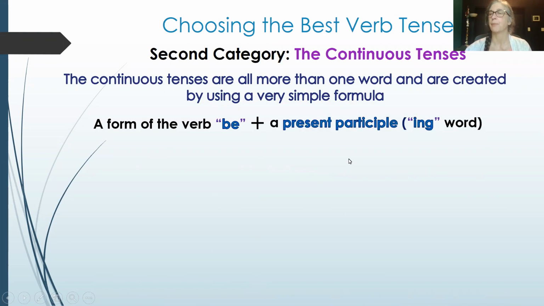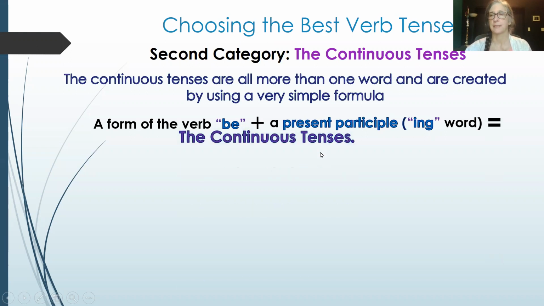If you'll remember from our last workshop on verbs and verbals, your present participle is your ing word. That word cannot be a verb by itself, it always has to have a helping verb with it. To create the continuous tenses, it is a form of be plus the present participle.